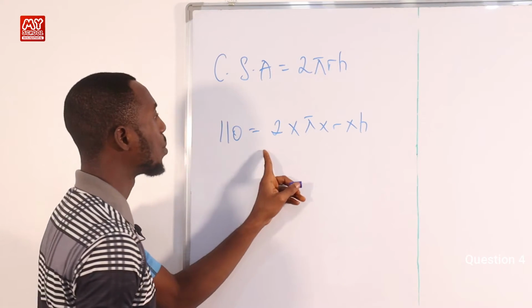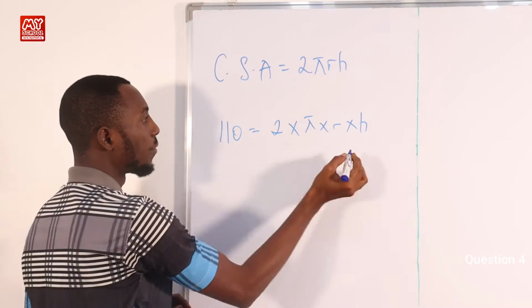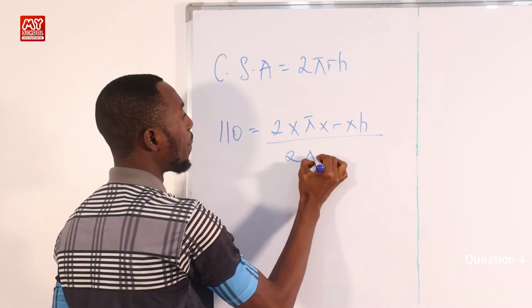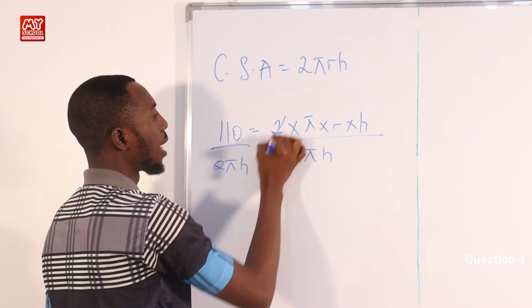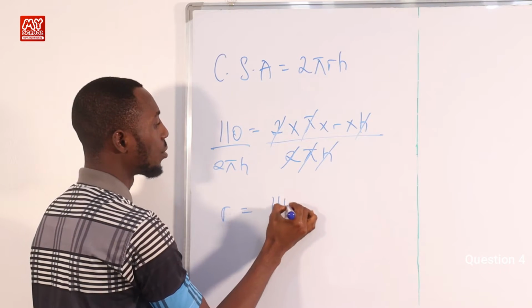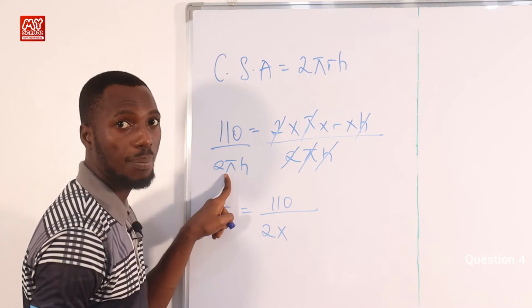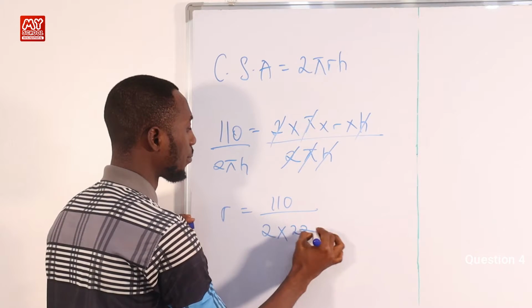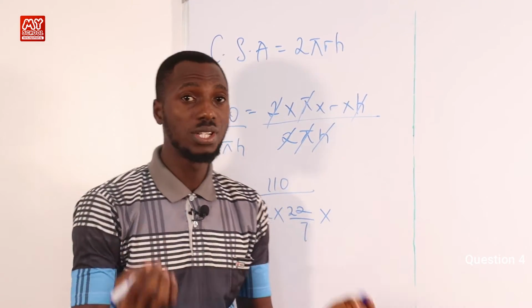So if we are finding r, we divide both sides by the coefficient beside r, which is 2 pi h. So we'd have r equals 110 over 2 times our pi, which is 22 over 7, times the height we are given from the question, which is 5.